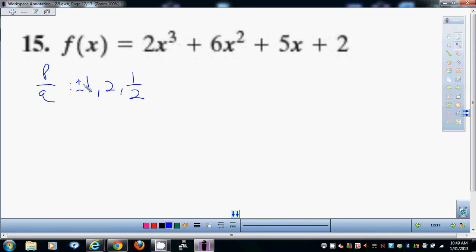You should never have one where none of them work. Sometimes it'll be the last one you check.